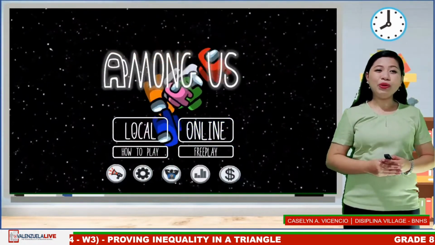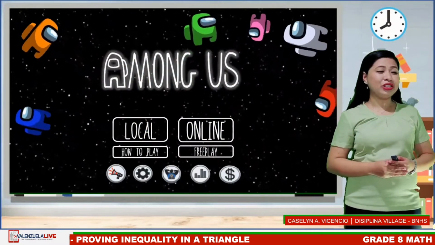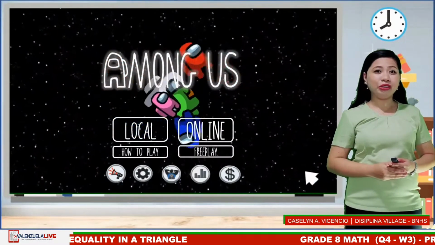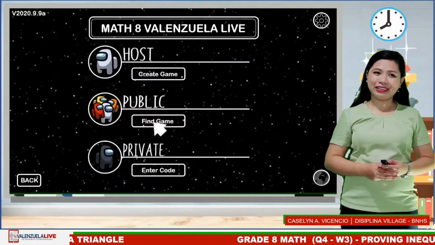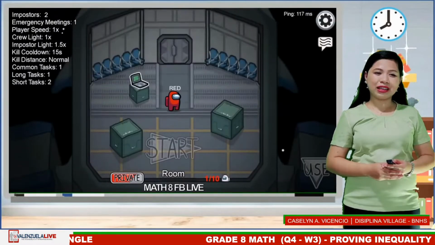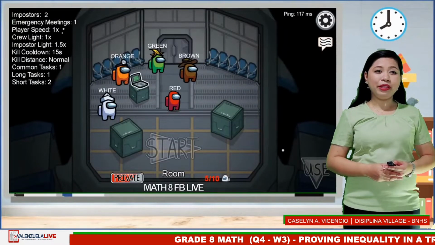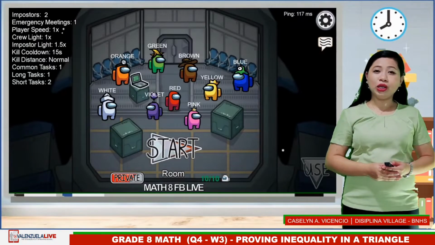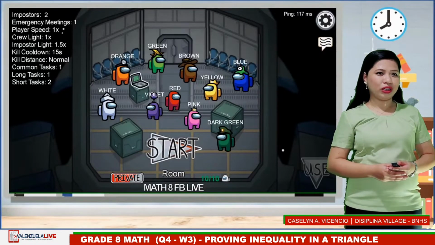Today, we will have fun while learning the lesson in mathematics as we play one of the famous Android games entitled Among Us. There will be 10 players in the game with two different roles, the crewmate and the impostor.